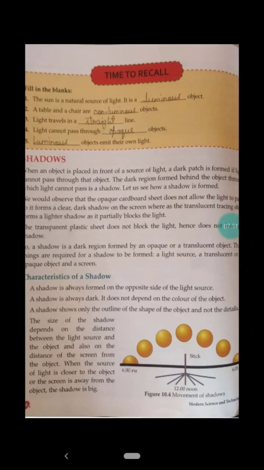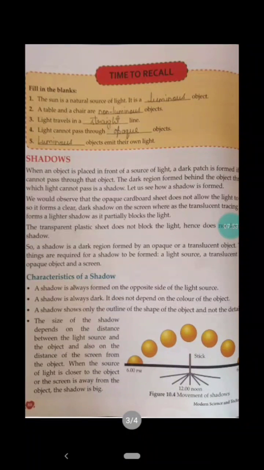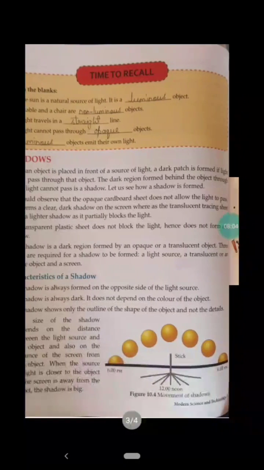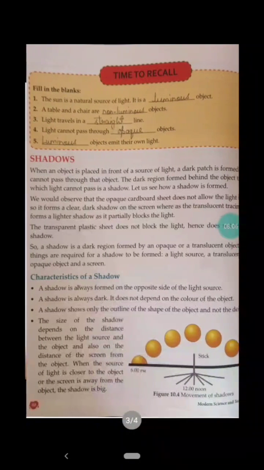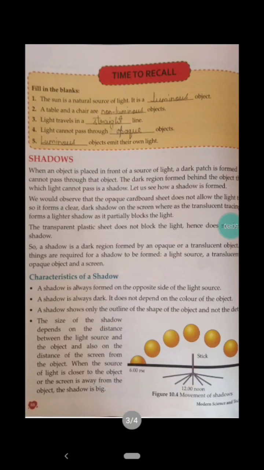So we would observe that the opaque cardboard sheet does not allow light to pass through it, and it forms a clear dark shadow on the screen, whereas a translucent tracing sheet forms a lighter shadow as it partially blocks the light.